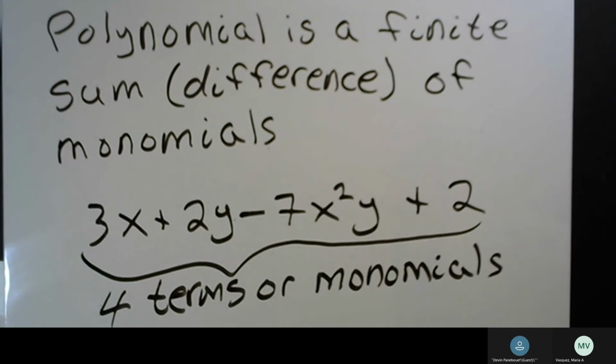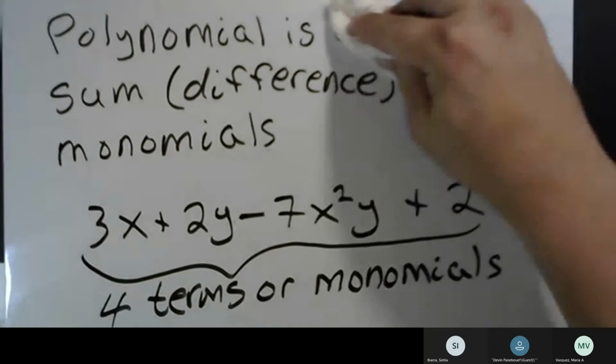Now, one of the things that we talk about with polynomials and monomials is this thing called degree. You come up with a degree for a monomial, and then you look at all the monomials, and the monomial with the highest degree will be the degree for the entire polynomial.